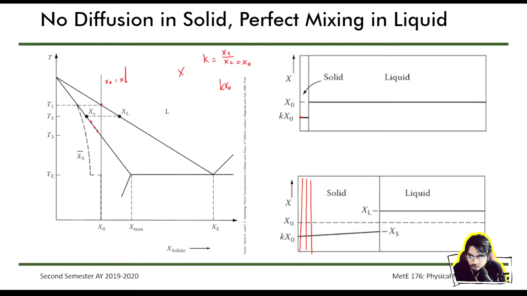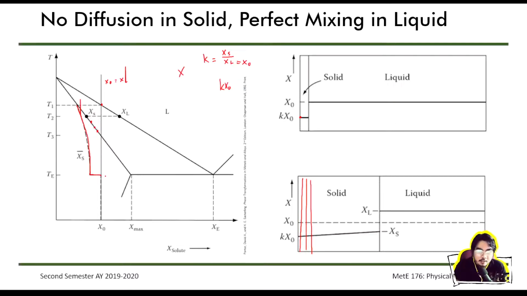But if you think about it, we are solidifying progressively. So as we move along this line, this XS actually follows this X bar S line. It follows it like this.